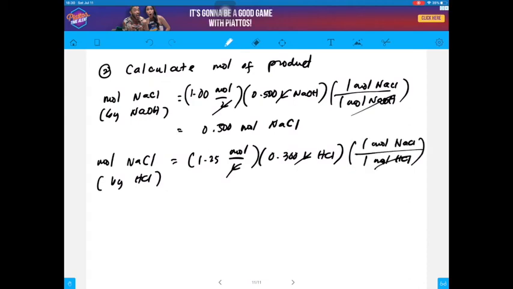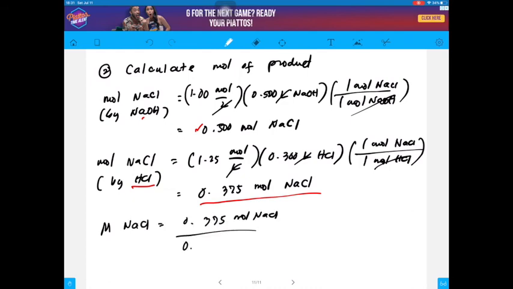Cancel out the units and we get 0.375 moles of sodium chloride. In this context, the reagent that produces the least amount of product in moles is the limiting reagent. So that means the limiting reagent is your hydrochloric acid, since it produced the least amount of product compared to the other one. Finally, we can calculate the molarity of your product by this solution. So the answer is just the same.